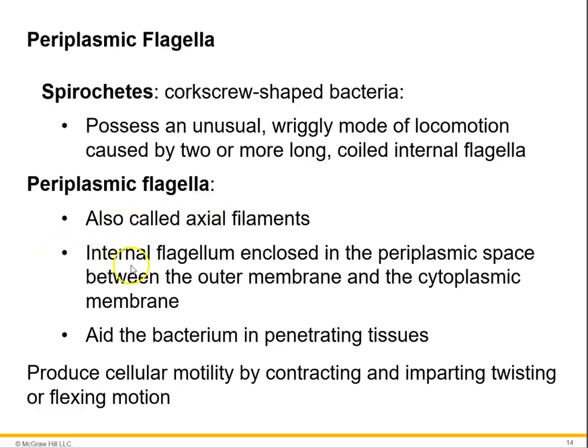And here, an internal flagellum is enclosed in the periplasmic space, I'll show you that here in just a second, between the outer membrane and the cytoplasmic membrane. And this twisting, flexing, coiling motion that the periplasmic flagella impart is what aids the bacteria in penetrating tissues.